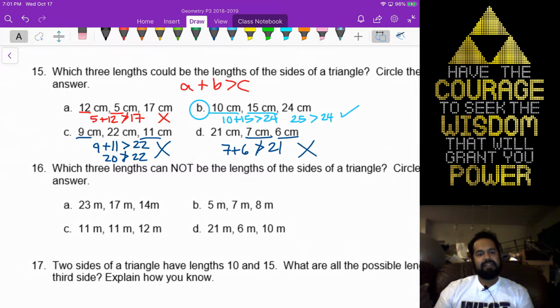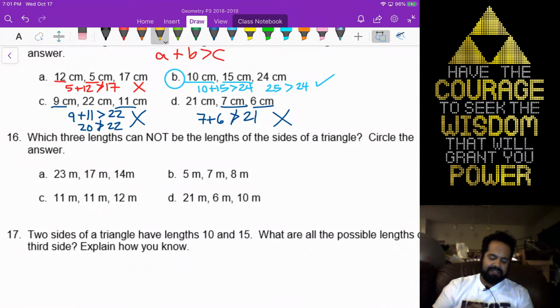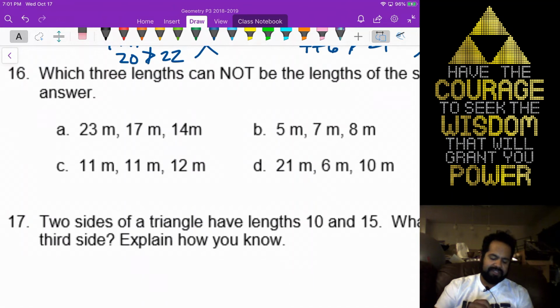Now on 16, we're doing the exact same thing. However, it says which 3 lengths cannot work. So in other words, we're going to find the one that fails us. So here we go. 2 shortest sides, 17 and 14. 14 plus 17, I'm pretty sure is greater than 23.